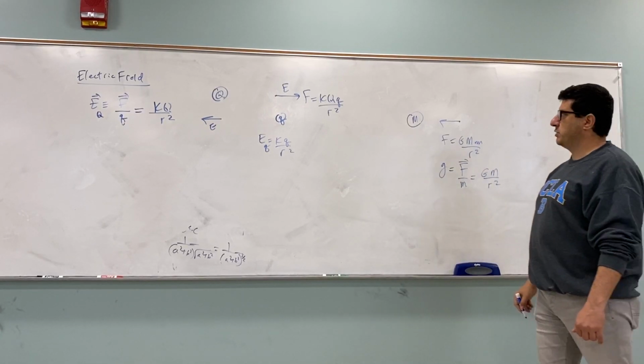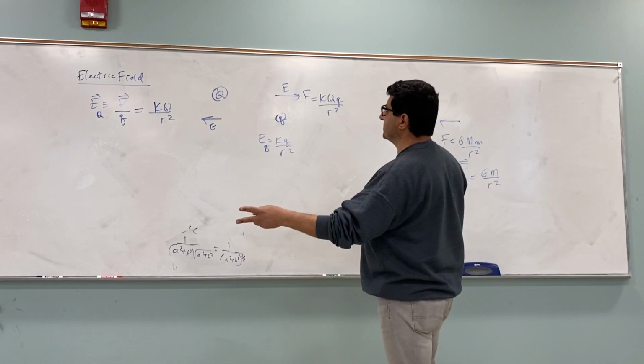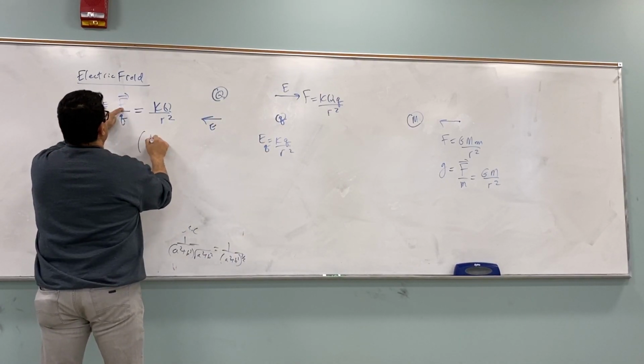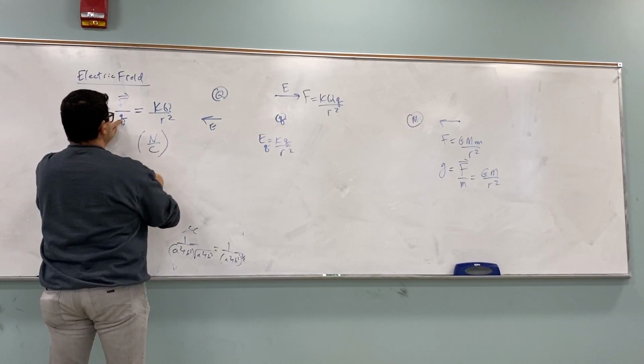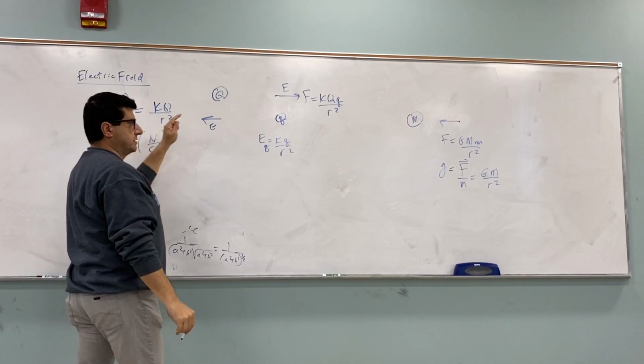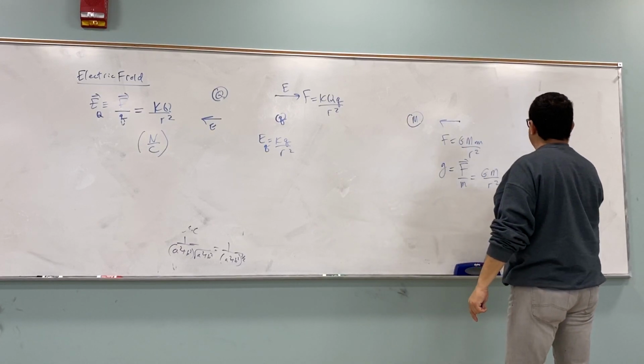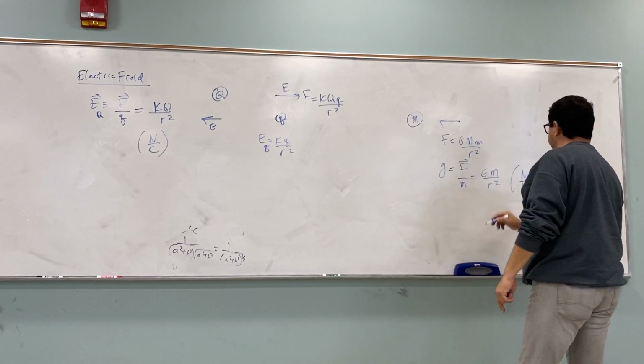What's the difference between them? The units of electric field would be newtons per coulomb. The units of gravitational field will be newtons per kilogram.